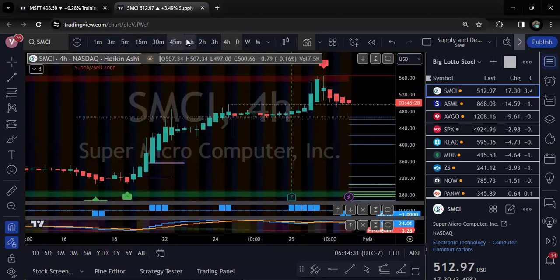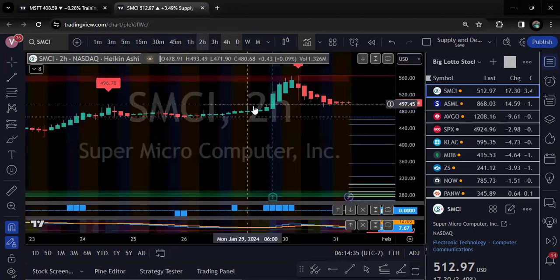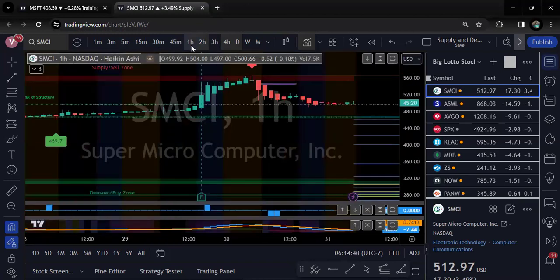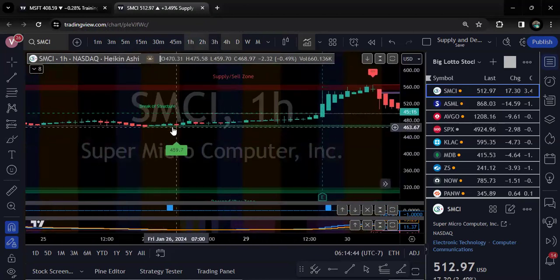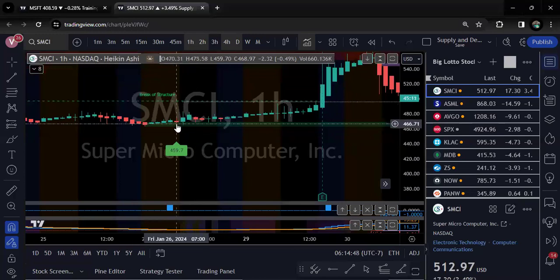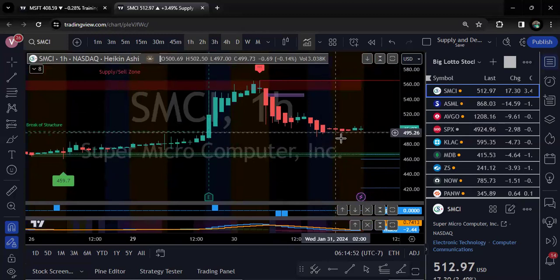So you want to see also on lower time frame, you can go to 2 hour, just to see if there is anything in between. You can go to 1 hour, so that you see the in between, like here. So we have this 459, we had a lot of buying at this level, then it went all the way up. Okay, so now if it's coming down, then it means it's going back to this level.